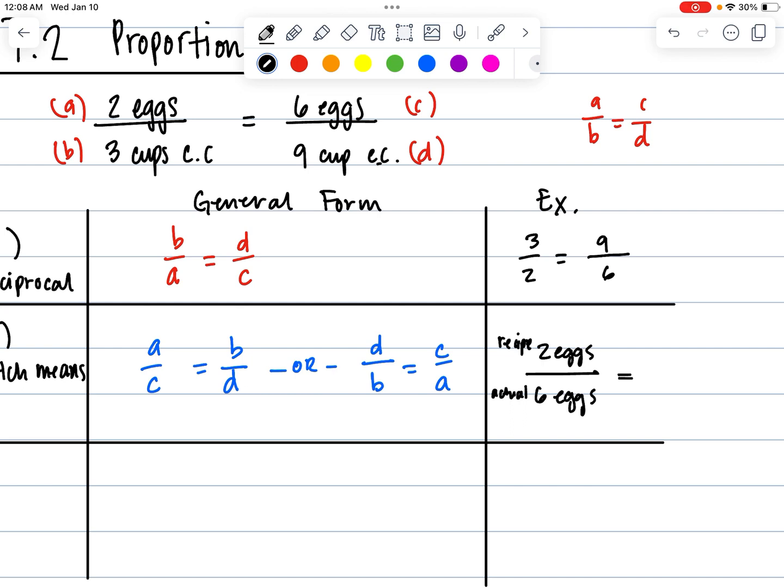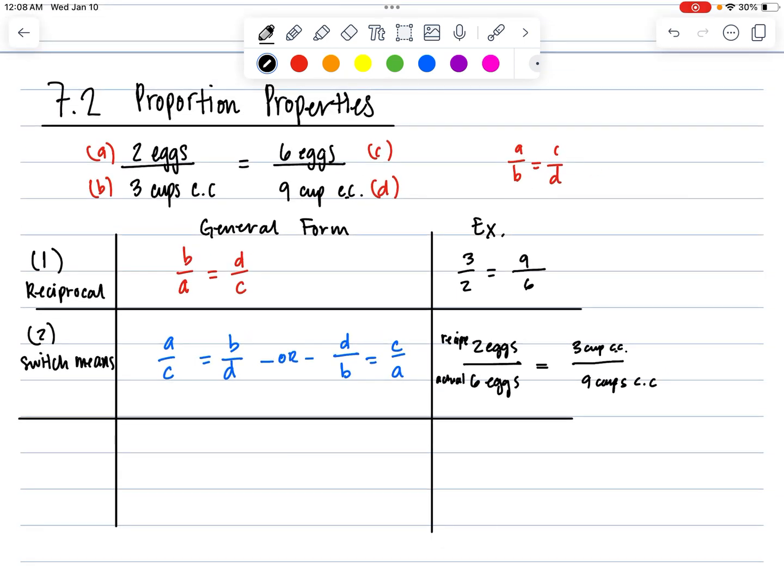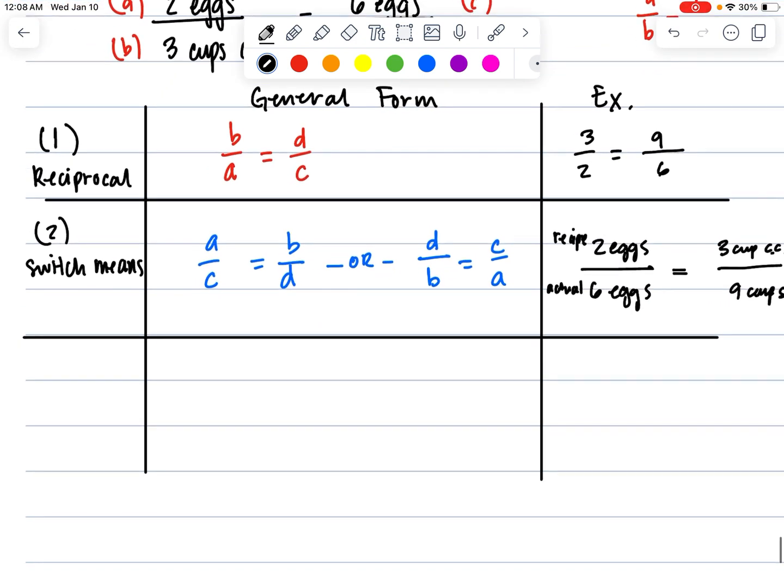And in turn, we're going to compare that with the chocolate chips. The recipe calls for 3 cups of chocolate chips. But what we actually have or need will be x, or in this particular case, 9 cups of chocolate chips. So hopefully this makes sense. It's just a different way to write it. And you do this by switching the means, okay? Because ultimately the correct things are being multiplied together.